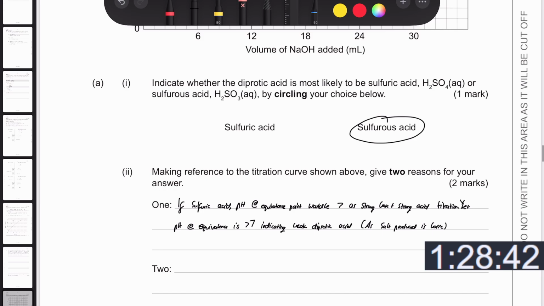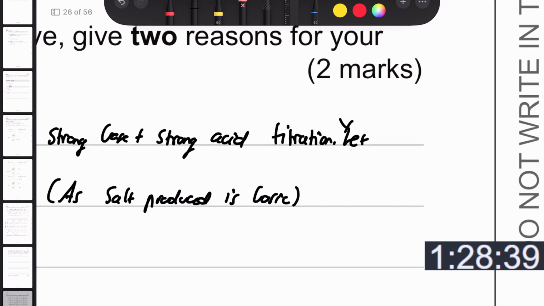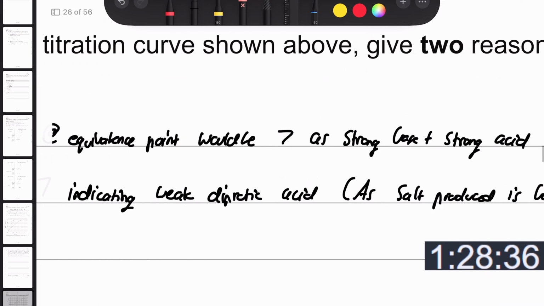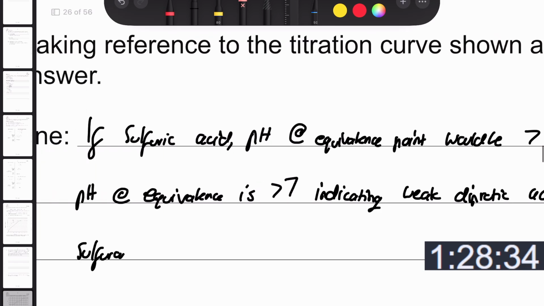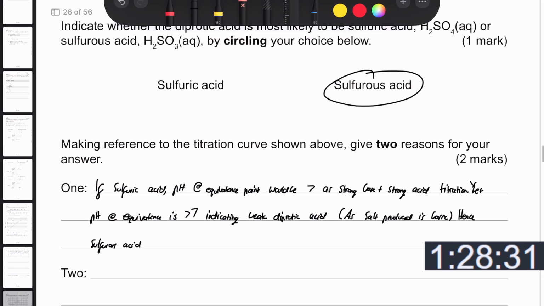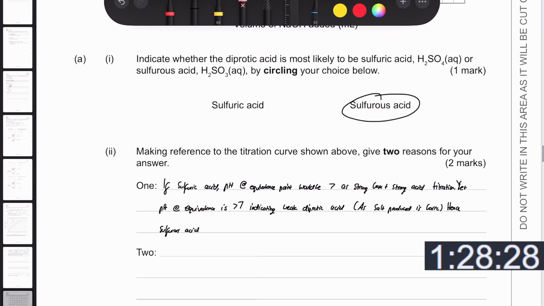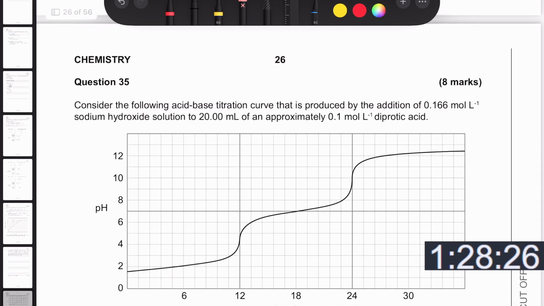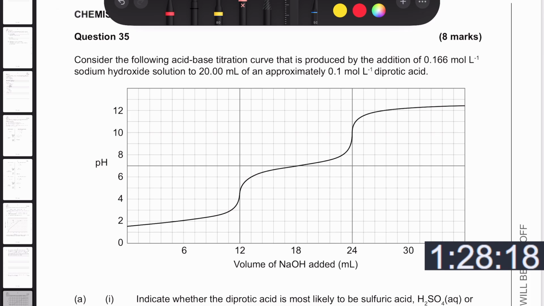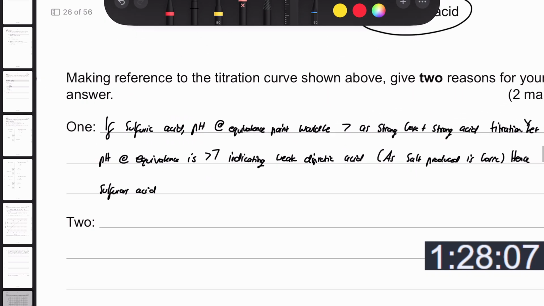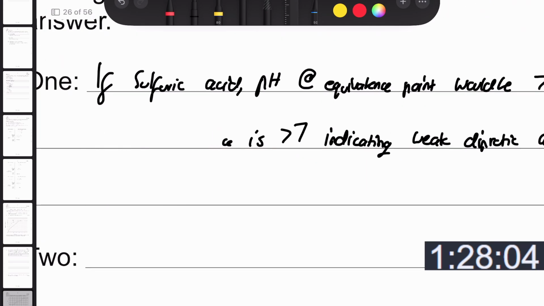And then what's another reason? Okay, it's a weak acid. What's my second reason? Oh my god. pH at equivalence was. Okay, I'm gonna reword this. pH at equivalence point.